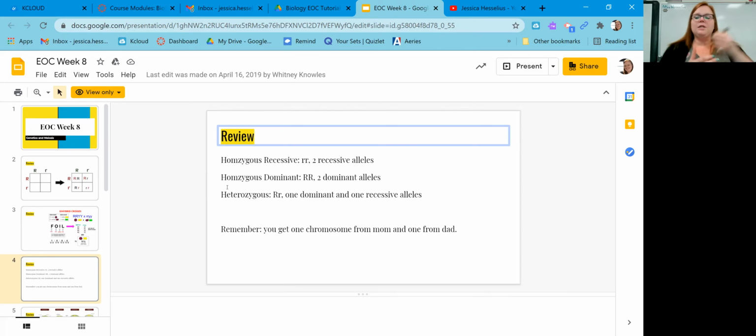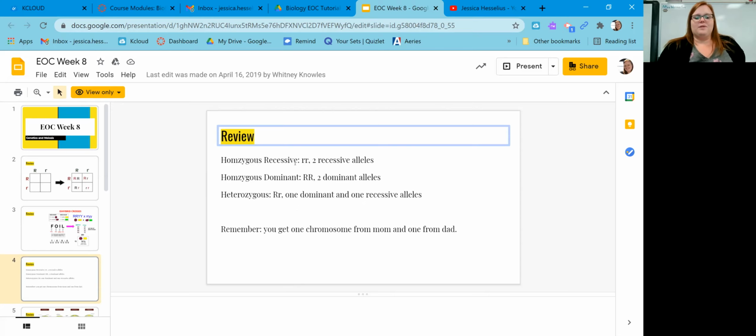Maybe you get the blue-eyed allele, which happens to be recessive, from one parent, and the brown-eyed allele, which happens to be dominant, from the other parent. Those are your 2 alleles. If you had 2 different ones, like I just described, those would be heterozygous: 1 dominant, 1 recessive, 2 different alleles. If you have homozygous alleles, that would mean you got from your parents 2 blue-eyed alleles, or 2 brown-eyed alleles.